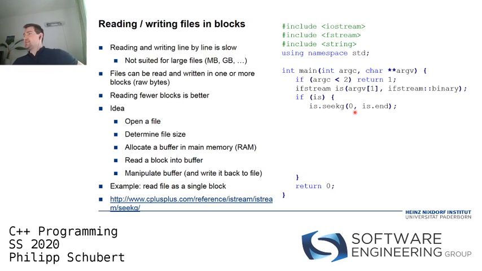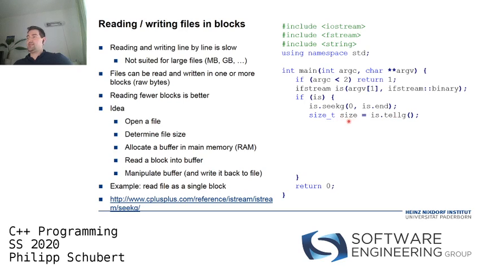Again, the idea is now we are looking for the end of the file. So starting at the beginning of the file, we look for the end by using the seek function. Once we found the end of the file, we ask, how many bytes is that file? So we are using the member function tell, which gives us the size in bytes.